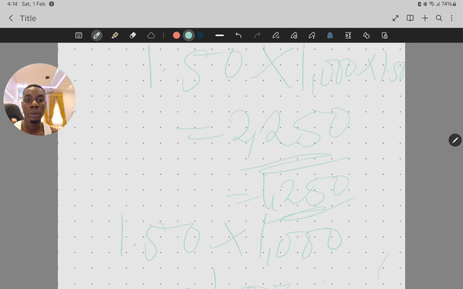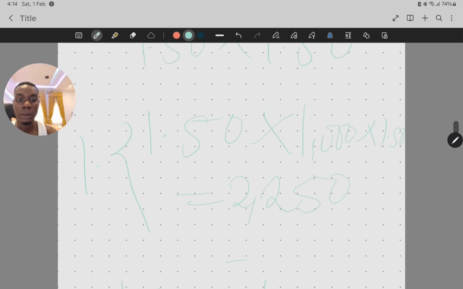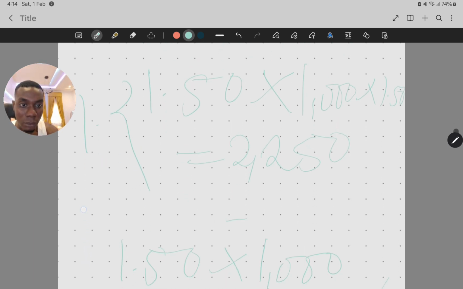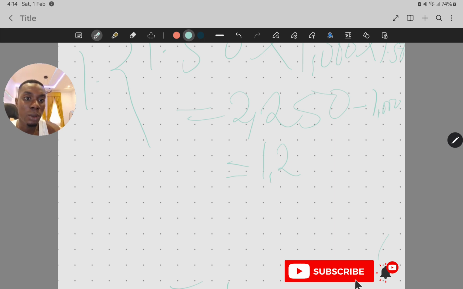So that's how you do a rollover calculation. So for the 2 times, let me erase this one so it won't confuse you. So for the 2 times, this is your number one. This minus your capital of 1000, you will be left with 1250.